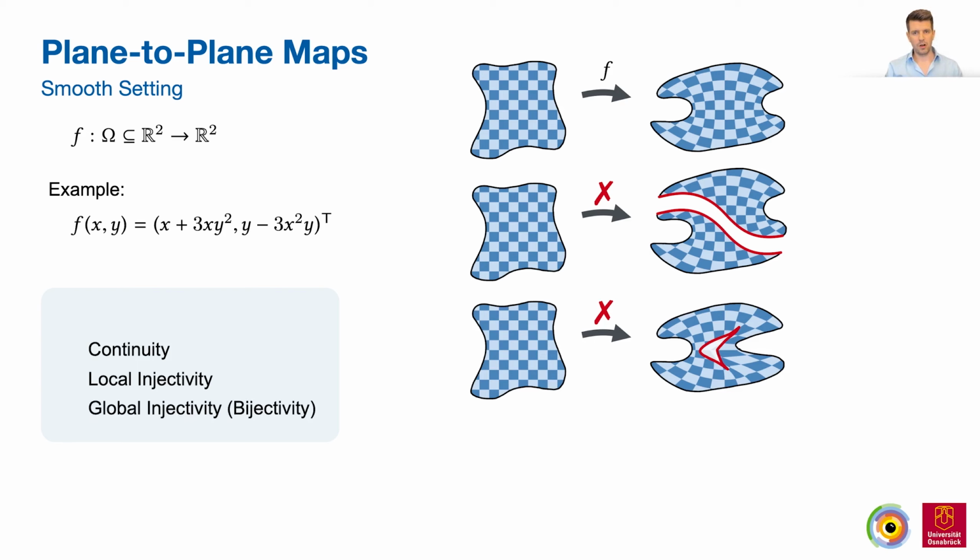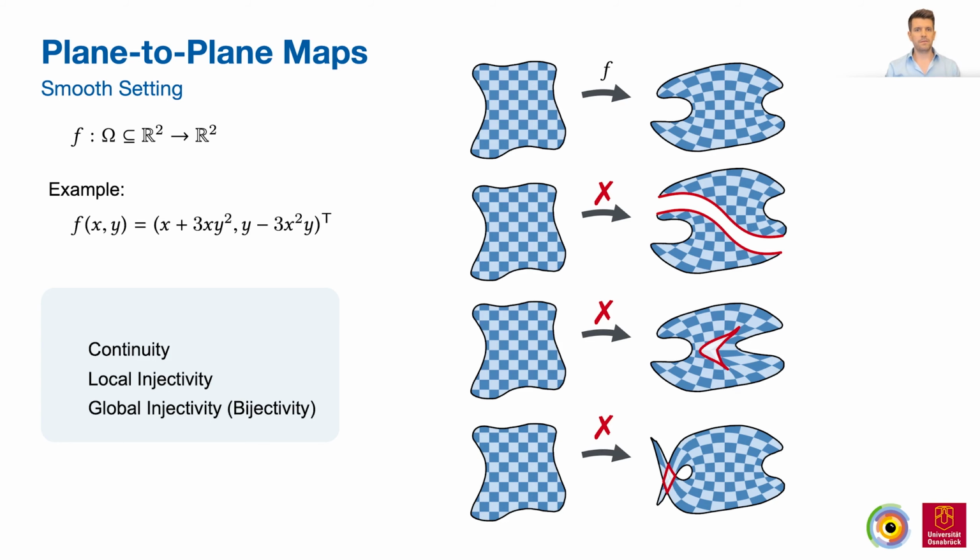Now, a map is globally injective if this holds not just for local neighborhoods, but for the entire domain as a whole. One then also says the map is bijective, in which case one explicitly or implicitly assumes that the target domain is not meant to be the entire plane, but just the region actually covered by the image of the source domain, F of omega. An interesting observation is that a map that is locally injective is also globally injective if and only if it is injective on the boundary of the domain.